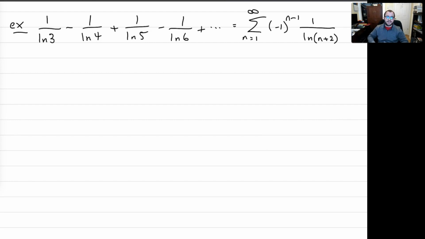So I plug 1 in, I get ln 3. I plug 2 in, I get ln 4. So my Bn is 1 over ln of n plus 2. So 2 questions. 1, is this decreasing or non-increasing? And 2, do these terms go to 0? So first things first, non-increasing.